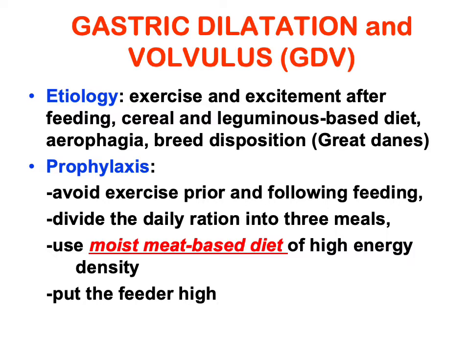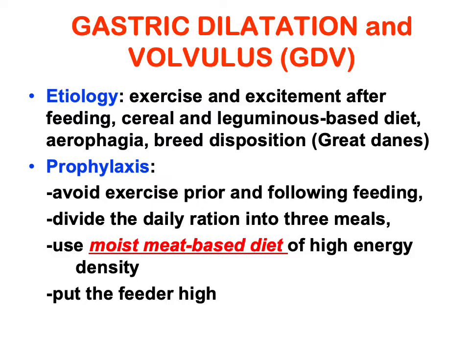Gases can come to the stomach by aerophagia, the swallowing of air, also. And anatomically, the Great Danes and similar breeds have a breed disposition.